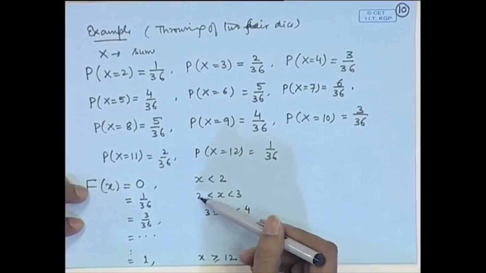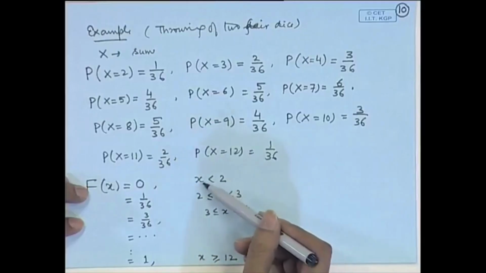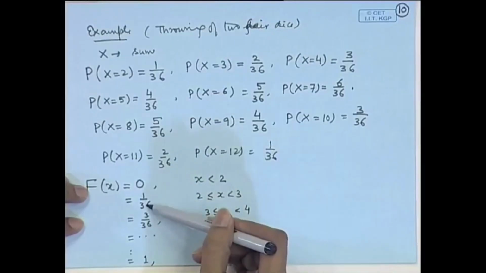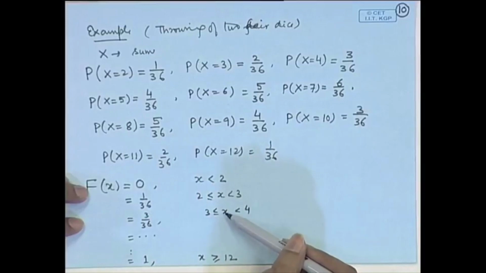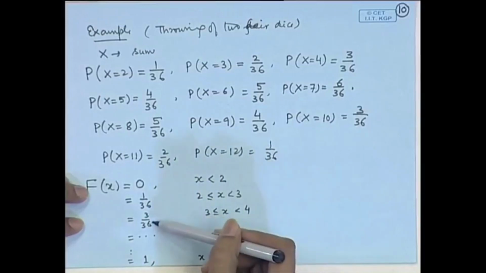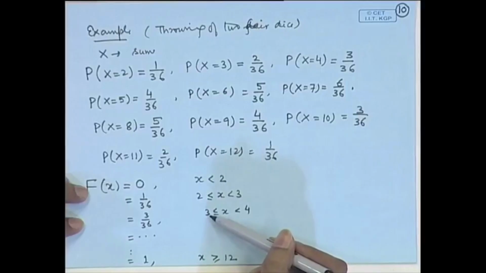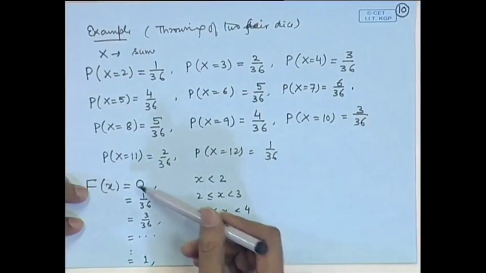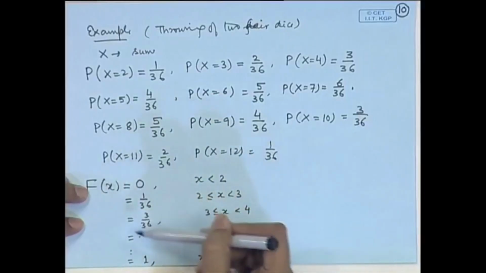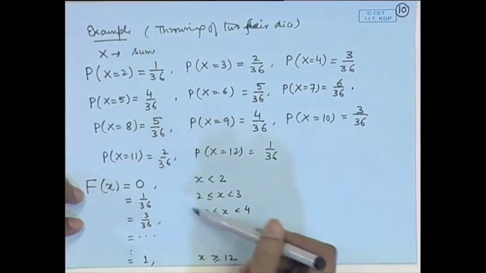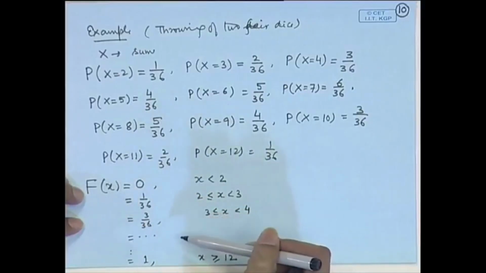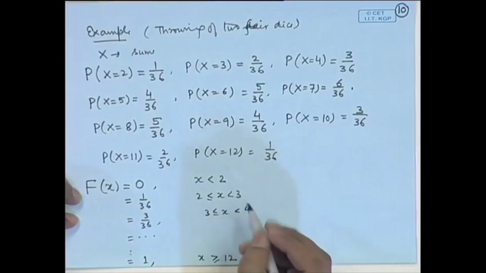Suppose I look at x equal to 2, then the right hand limit at x equal to 2 is 1 by 36, and the value at x equal to 2 is 1 by 36. If I take the right hand limit as x tends to 3, the value is 3 by 36, and the value at x equal to 3 is 3 by 36. So, the properties of the cumulative distribution function are satisfied here.